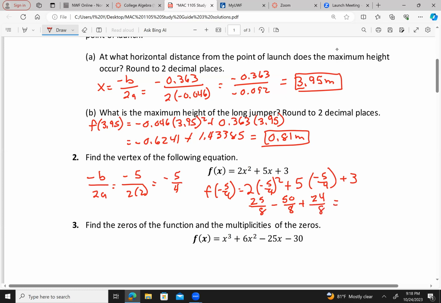So I have 25 minus 50 plus 24, which is negative 1/8.